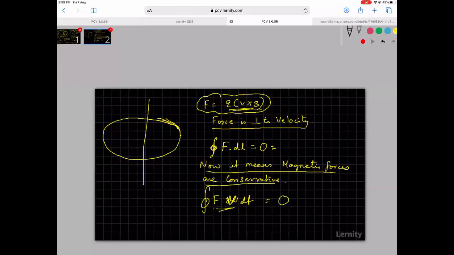Now because of this particular confusion that comes up in the case of magnetism, we don't discuss this whole issue at all.